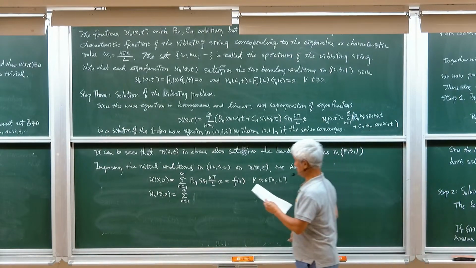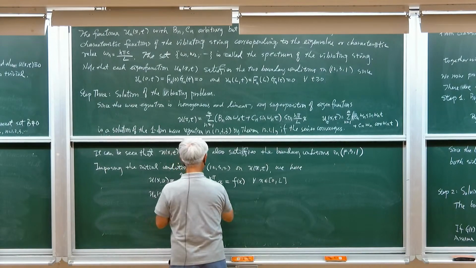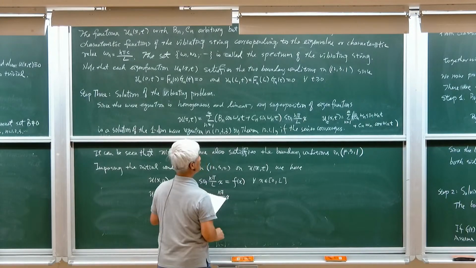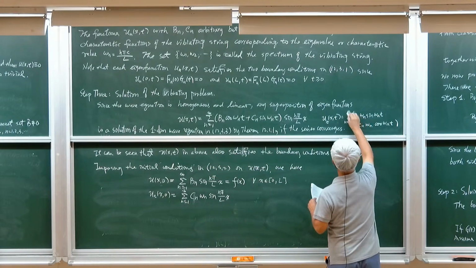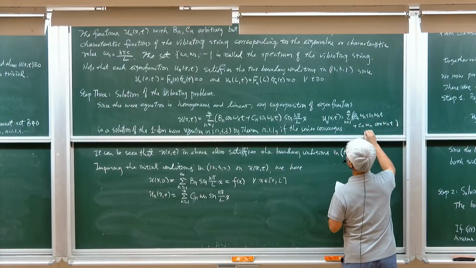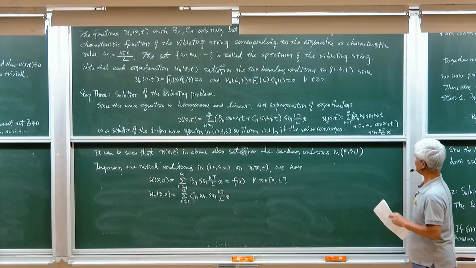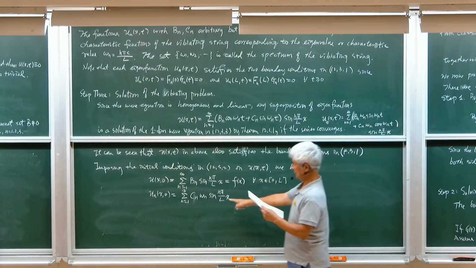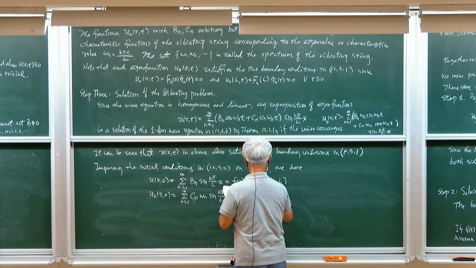This is equal to Cn omega n sine(n pi x / L). I forgot to put them. So this is 1, this is 0, and this is equal to g(x) for all x in (0, L).